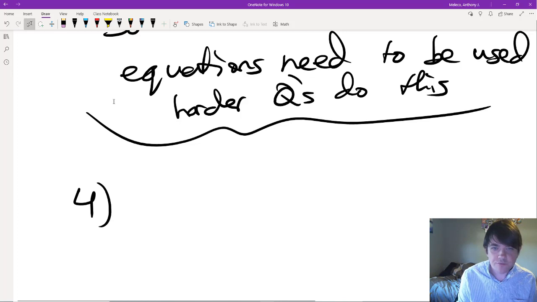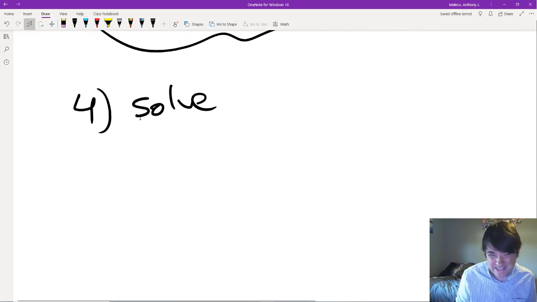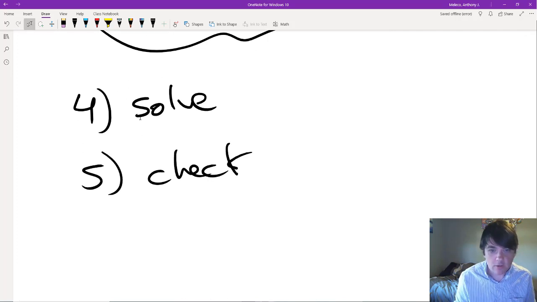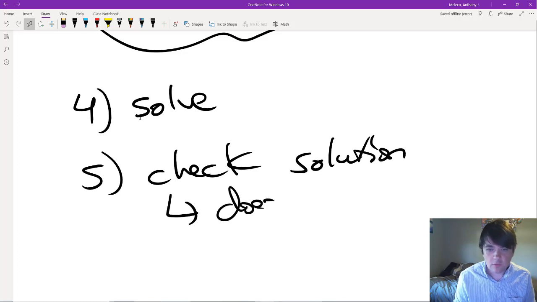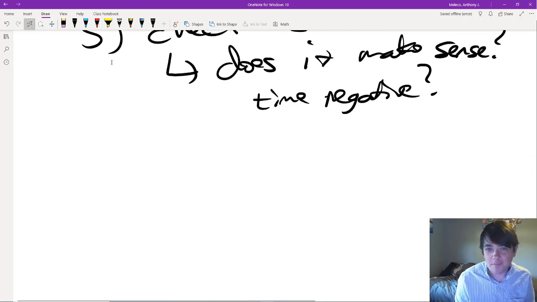Once you've got your equations, you've got your knowns and unknowns, you've drawn the problem, you understand it, then you solve, okay? And then the last thing is, once you've solved it and you've got some numerical value, you check the solution. There's a couple things. Does it make sense? Like, for example, is time negative? If time were negative, that wouldn't make sense. But the main way I check solutions is I check units.